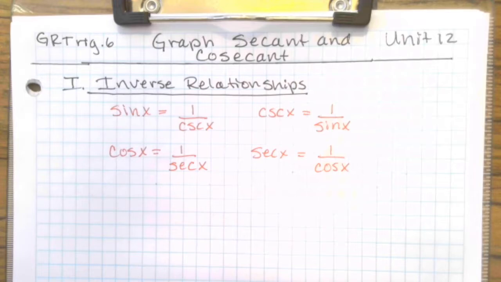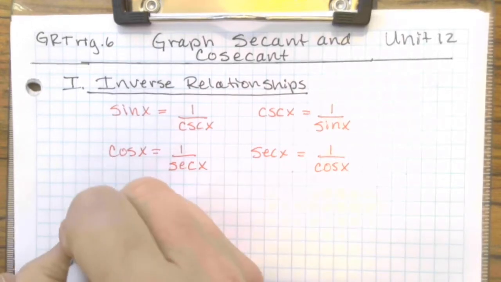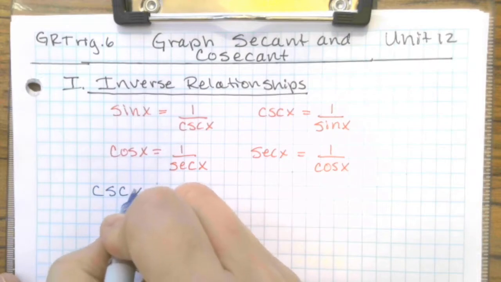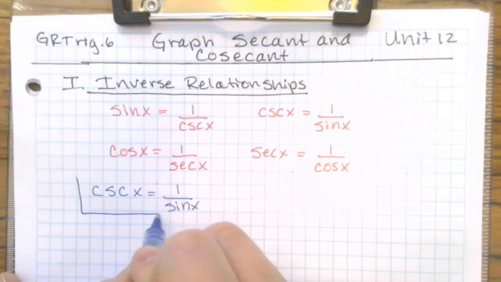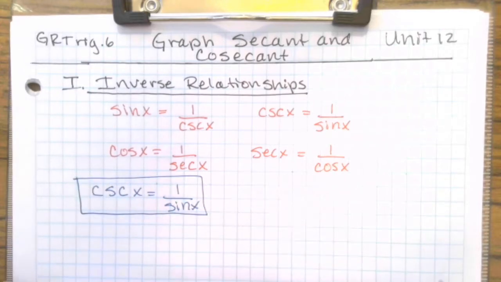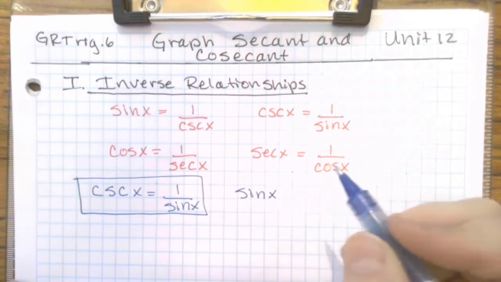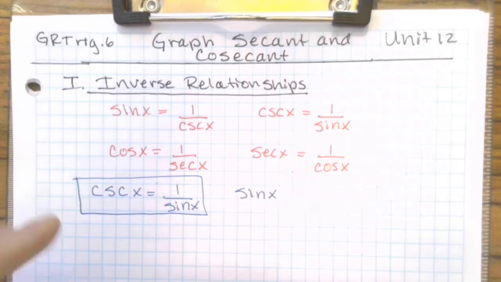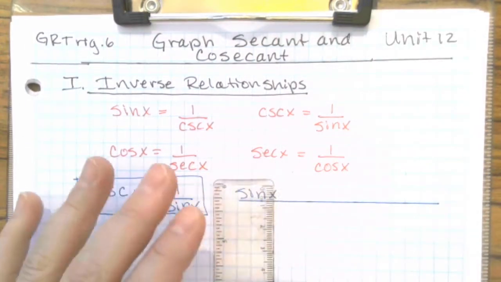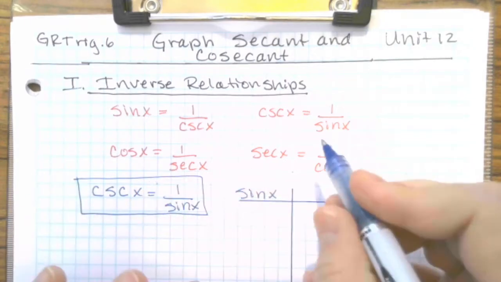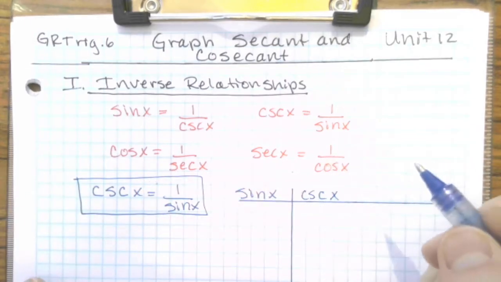But first, let's review what it means to have inverse values. Let's use cosecant x equals 1 over sine x. That's the inverse we're going to use, and we're going to list some values. Sine x versus cosecant x.